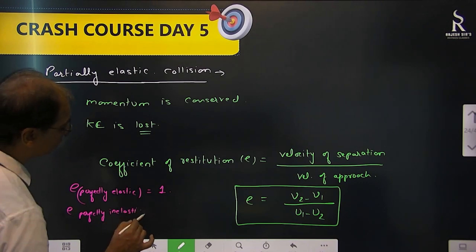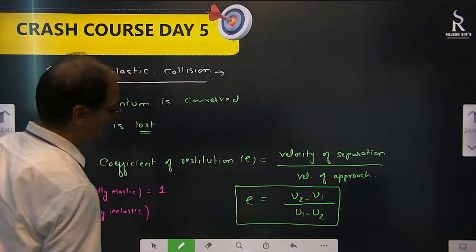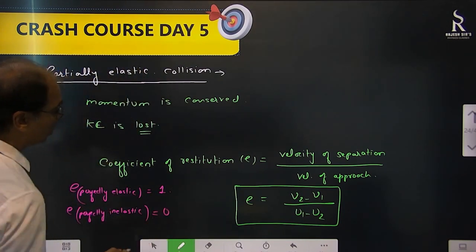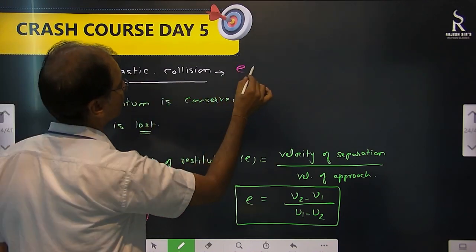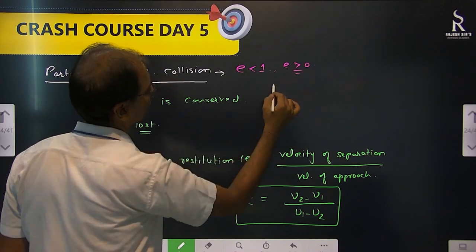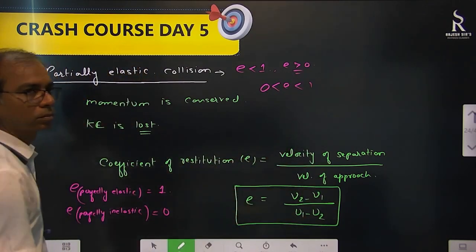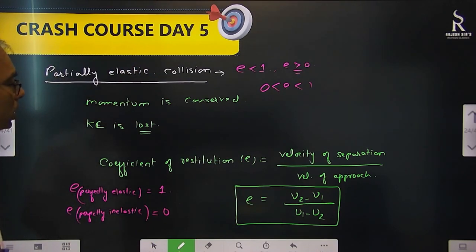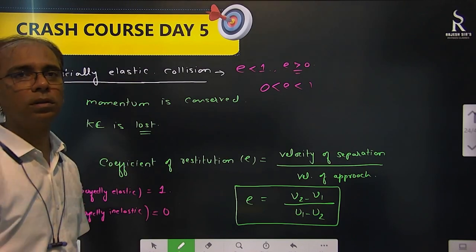They don't get separated, both stick. So V2 minus V1 will become 0 in perfectly inelastic. This is 0. But in partially elastic collision, e is less than 1 and greater than 0. That means it's in between, okay? So the e value is between the two in partially elastic collision.